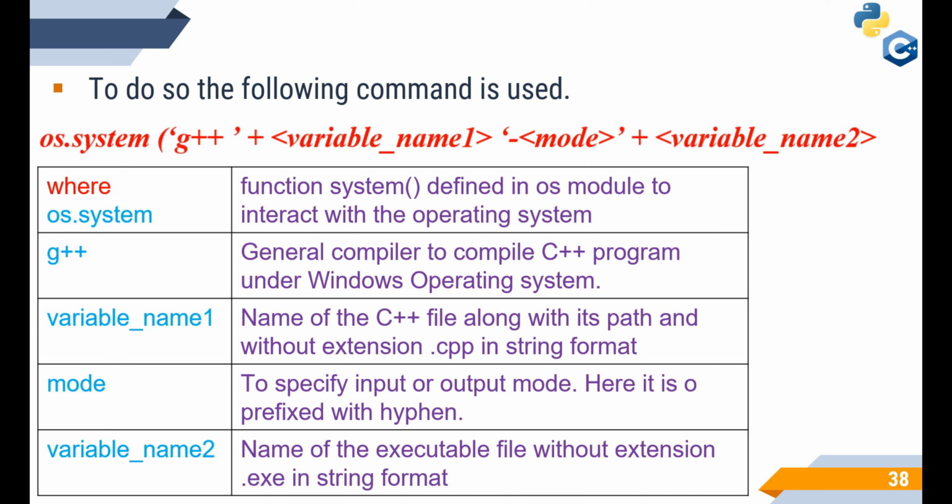Mode specifies input or output mode. Here it is -o, prefixed with a hyphen. Variable name2 is the name of the executable file without the extension .exe, in string format.